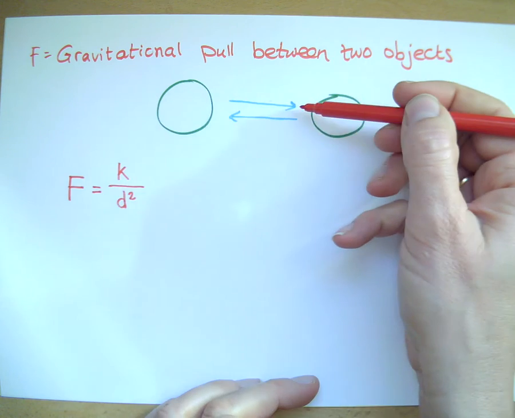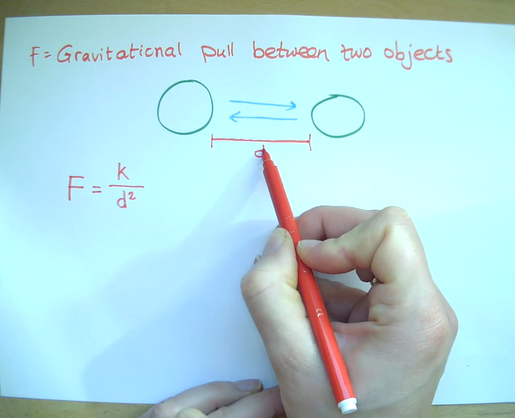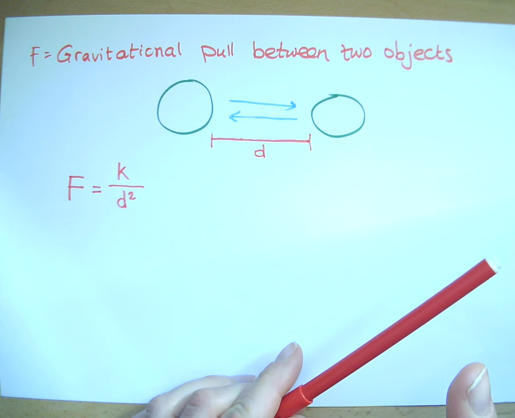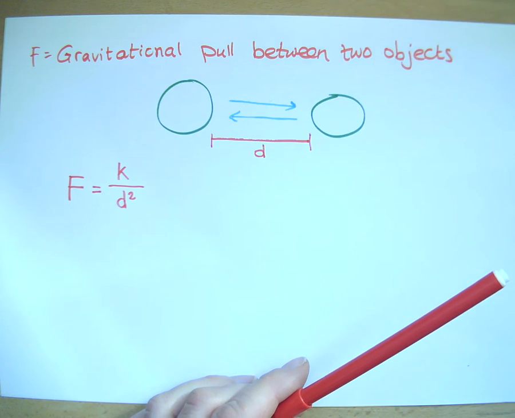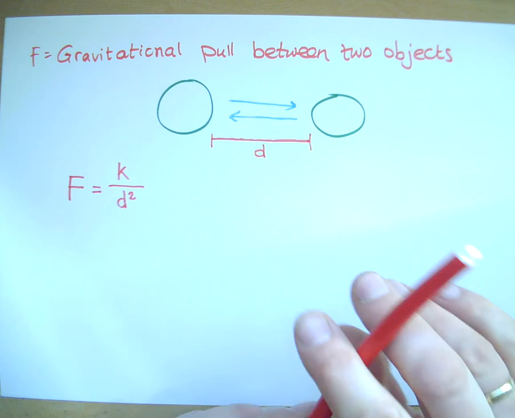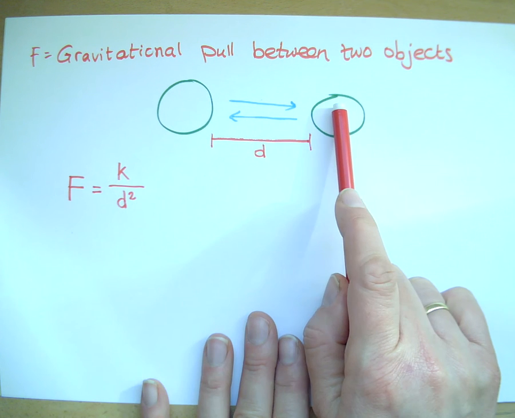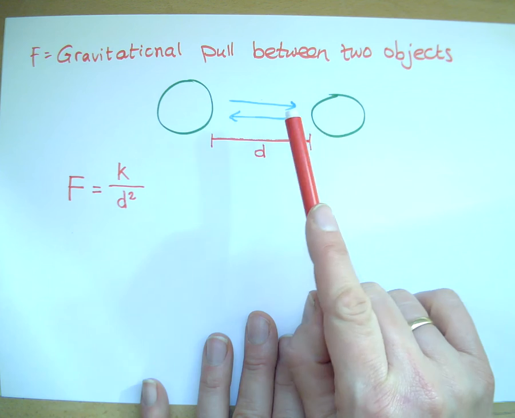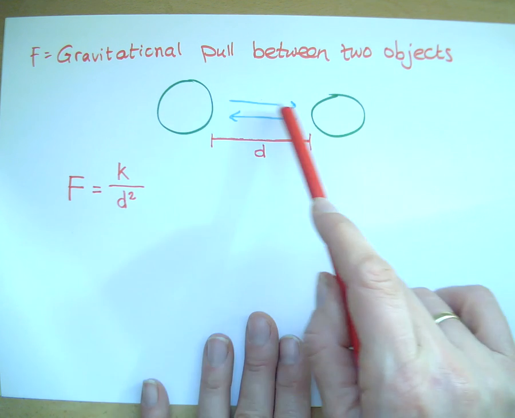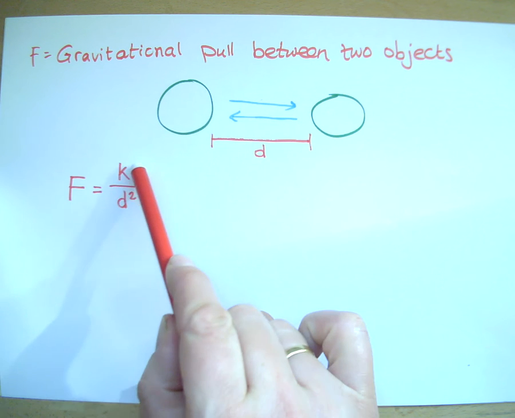The distance between these objects is this, right? This is d. This constant is a function of the gravitational, how did I write that? This k is the product of the mass of this object times the mass of that object times the gravitational constant. And so depending on the mass of these objects, this constant changes.